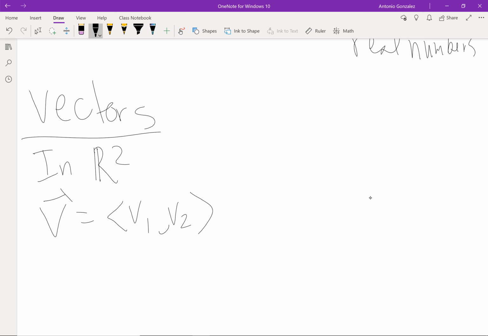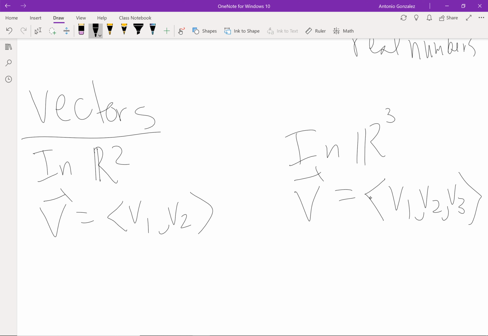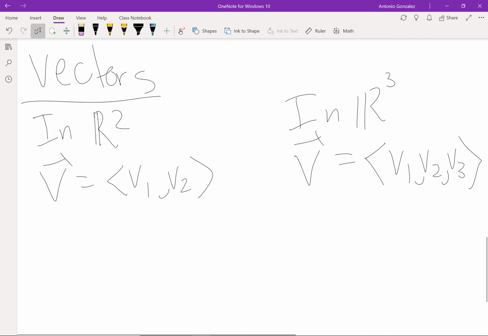That is across R2 and R3. We describe a vector like this in R2, and in R3, the same idea, we just are up one dimension. The vector V would be V1, V2, V3.